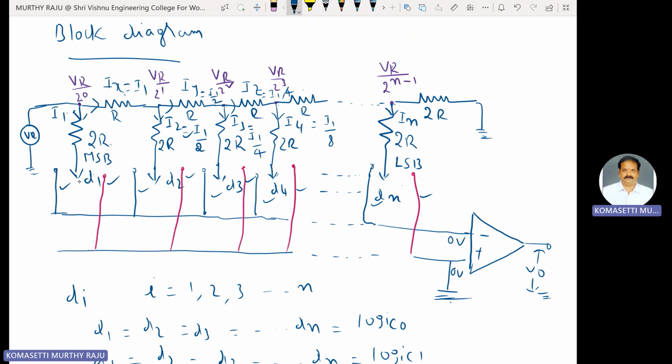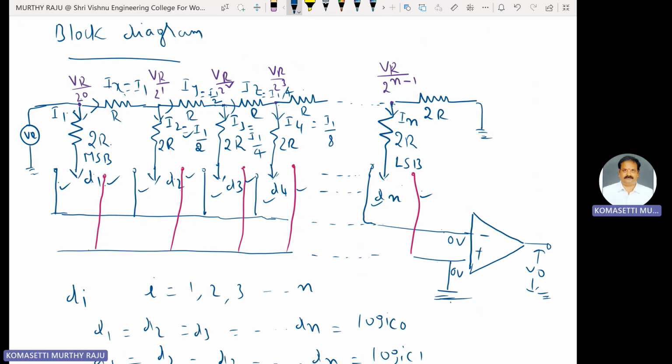That means D1 is connected either to this point or this point, D2 is connected to either this point or this point, and so on, Dn is connected to this point or this point, whatever it may be. The switches are connected to ground potentials.